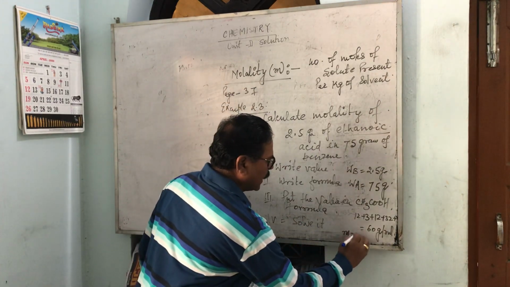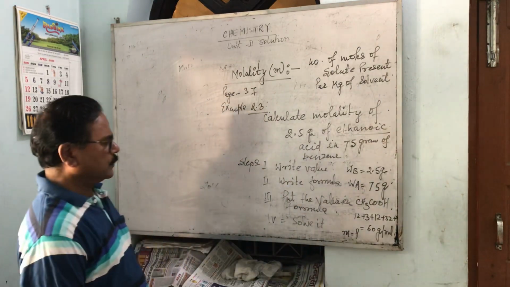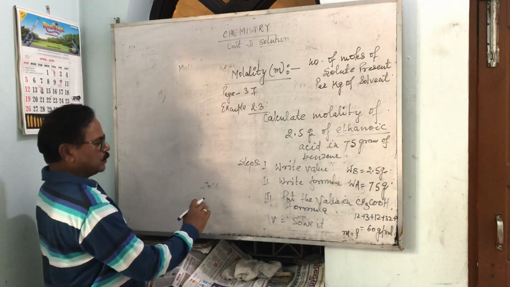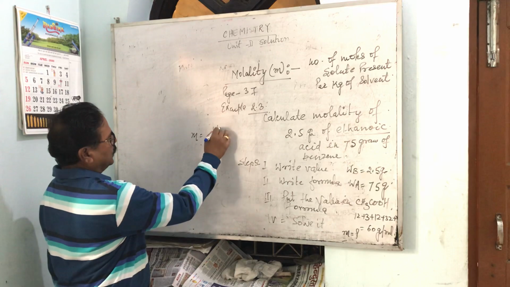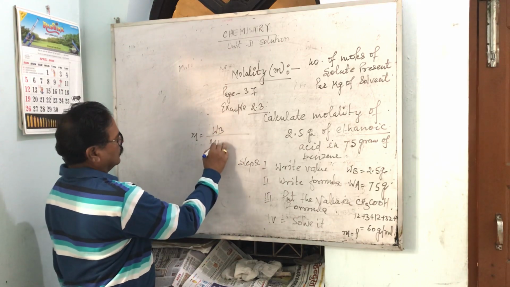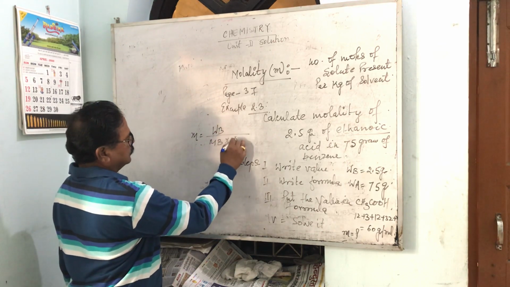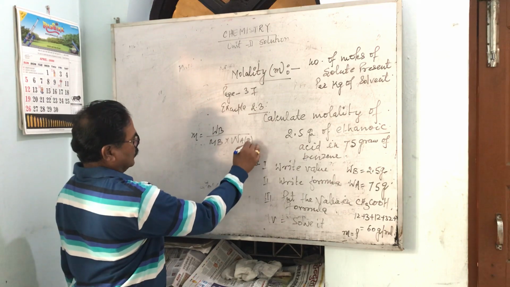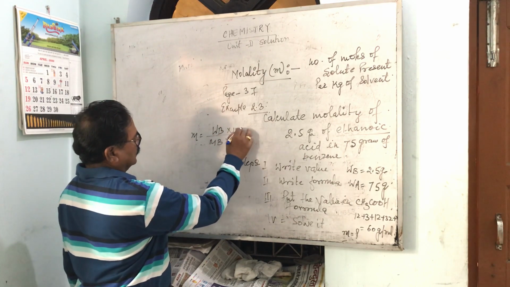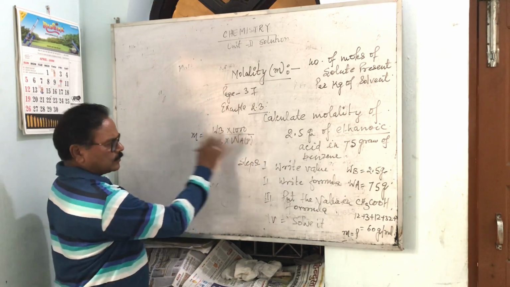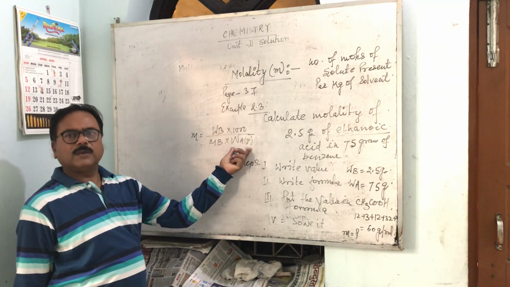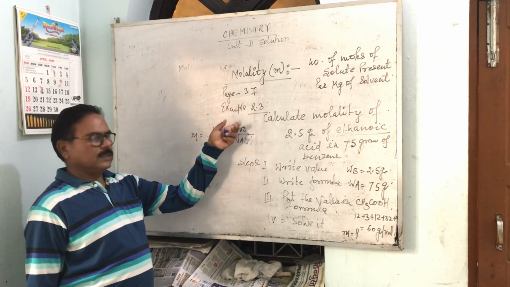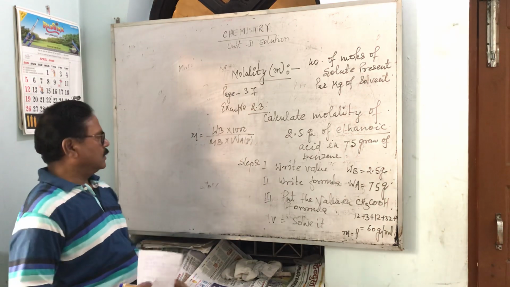Now what do we have to calculate? M. So M is the formula. The formula is M = WB / (MB × WA in gram) × 1000. Because as per our formula, when the mass of the solvent is given in gram, then we multiply by 1000.